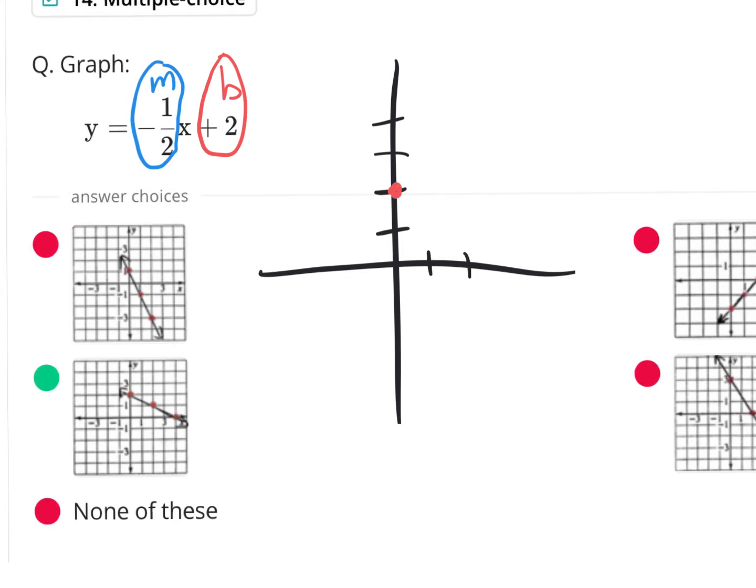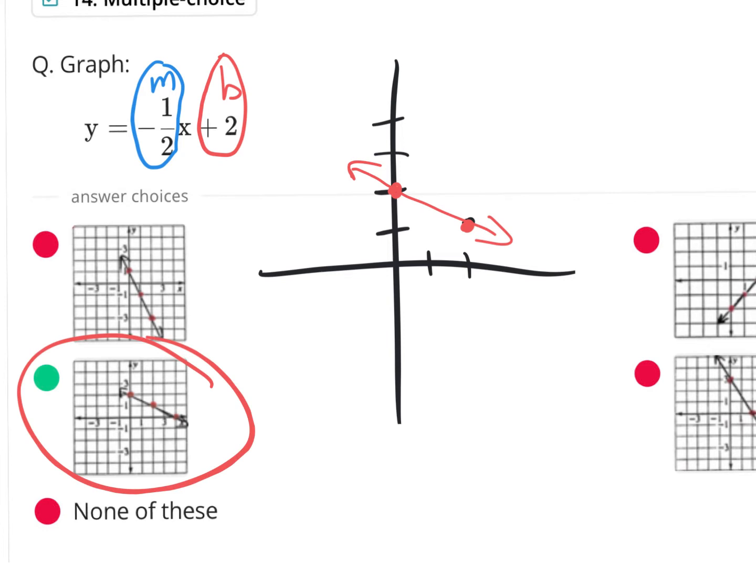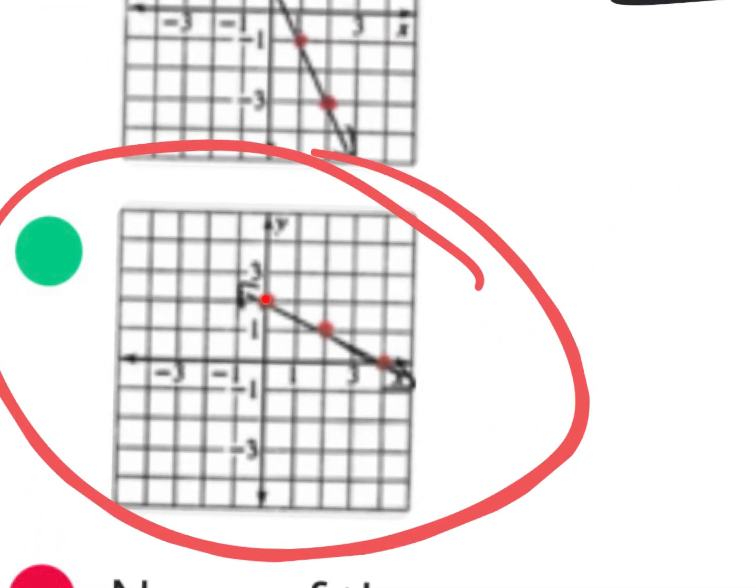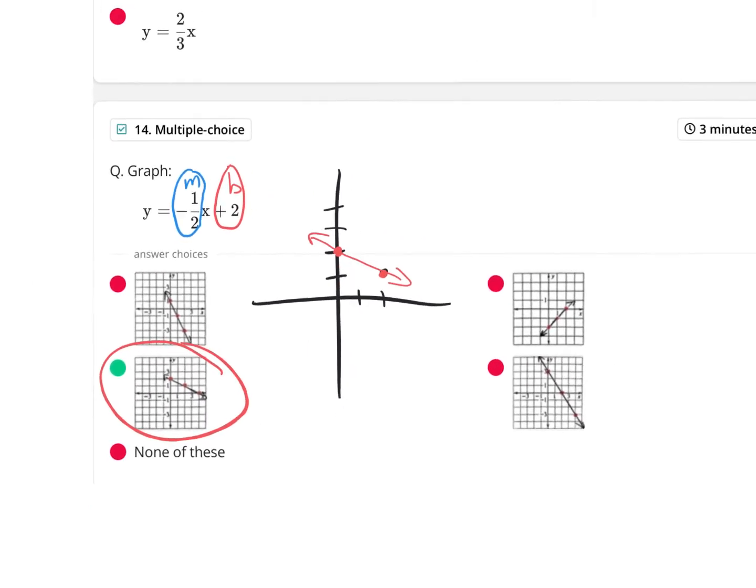So when you go down 1 over 1, 2, and you put a dot right there, you will end up with your line, which is right there. And that would be this guy. Okay, once again, this one, it does cross at 2, and it does go down 1 over 2, down 1 over 2. Let's move on.